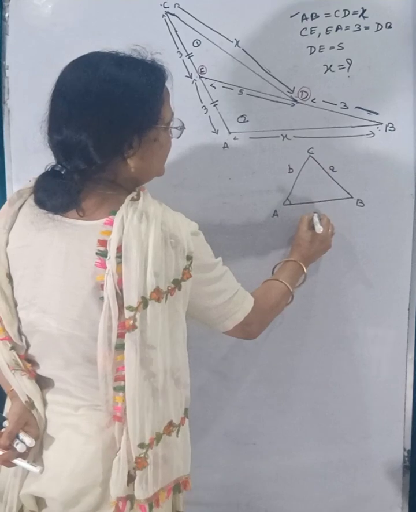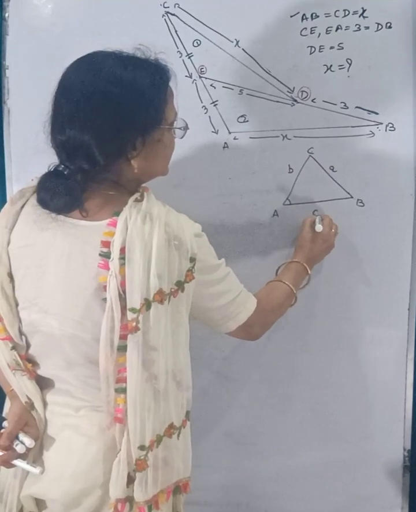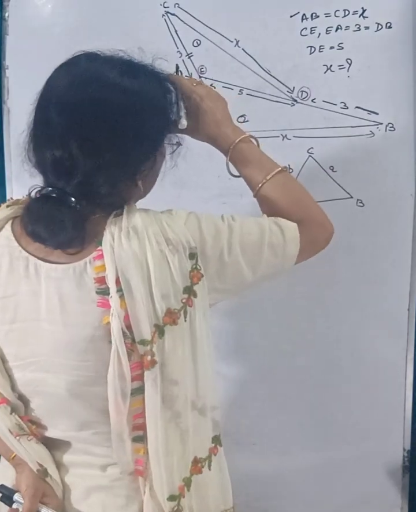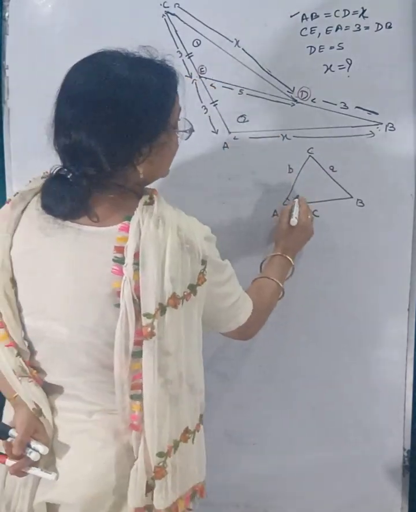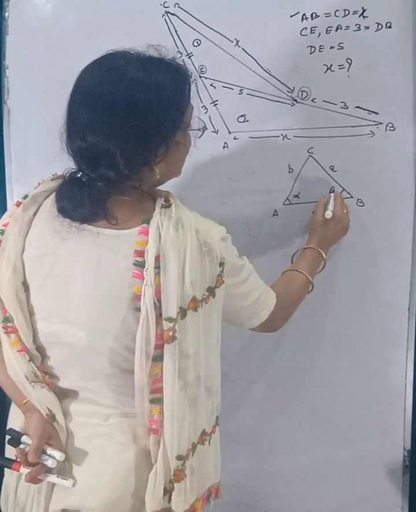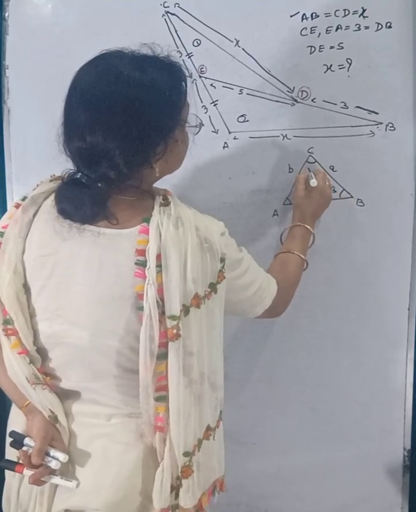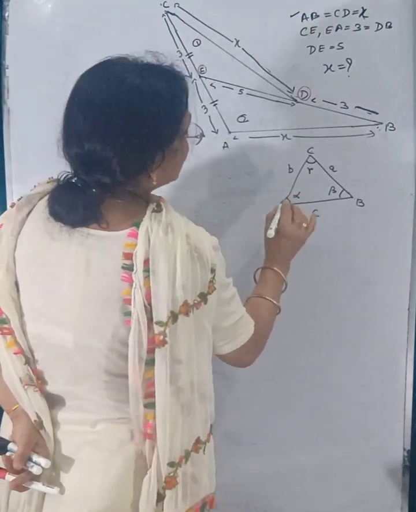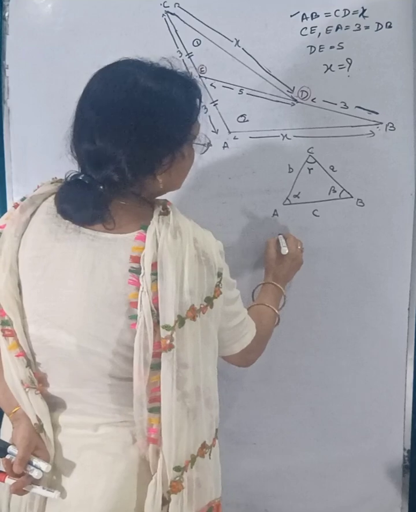And in front of angle C, this is c. In that case, if the angles are alpha, beta and gamma, then this is the formula, which you should always remember.